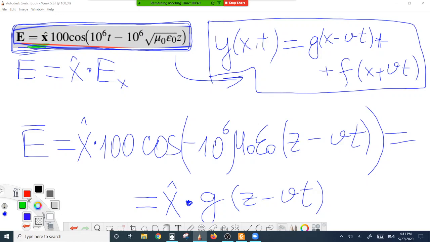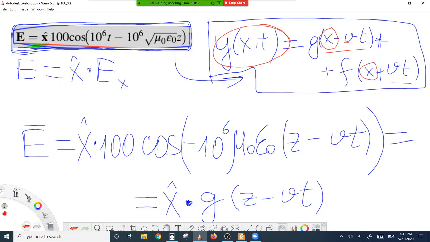Here, first we look at our general solution. In our general solution, x shows the direction of propagation, v is the speed of propagation, and t is simply time.